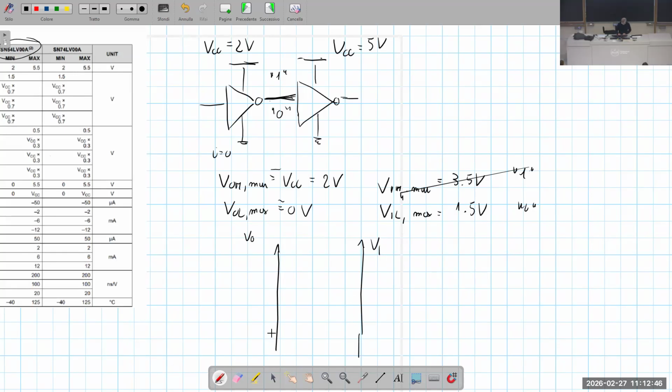We have at the low level VOL maximum is 0. At the high level, VOH minimum is 2 volt. And for the input, we have that the minimum value recognized as 1 is 3.5 volts, and the maximum level recognized as 0 is 1.5 volts.